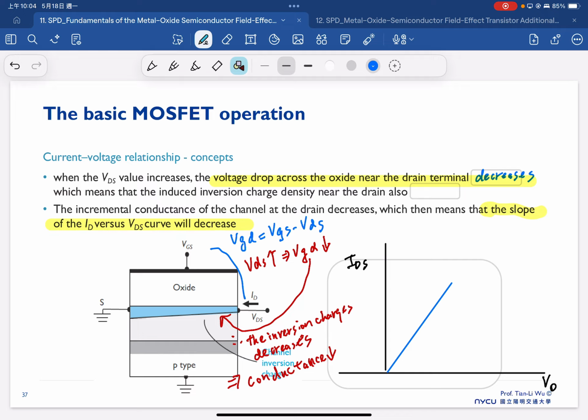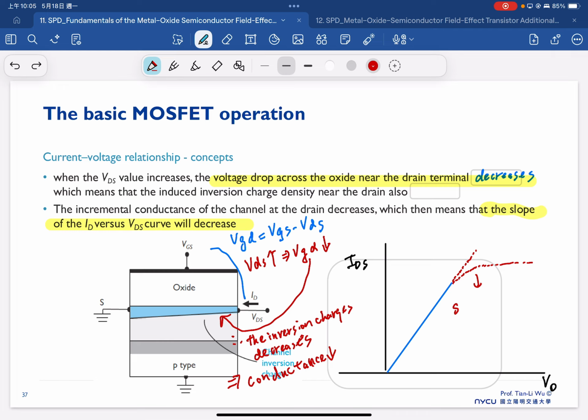But now the original slope could be something like this. Because VGD is getting smaller with the increase of drain bias, in the end the slope will decrease as well. Therefore we can expect the ID-VD curve to become like this.